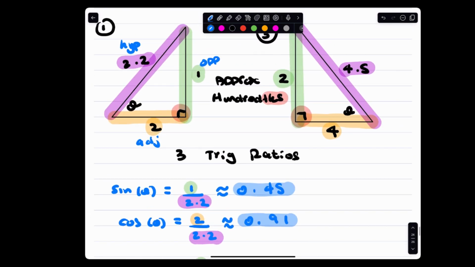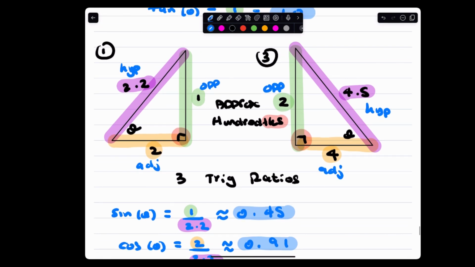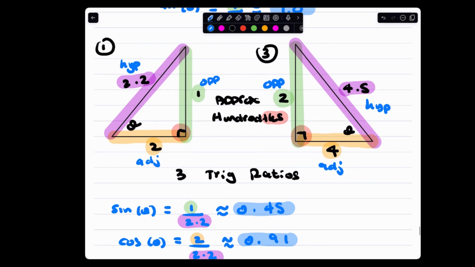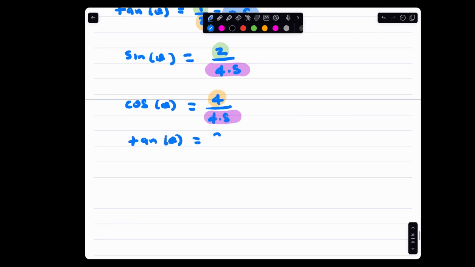Opposite over adjacent. So what's that going to be? Oh, we forgot to write this down. Opposite, adjacent, hypotenuse. I apologize. You guys see that? So what's opposite over adjacent going to be? 2 over 4. And we know that reduces to 1/2. Okay. We could reduce our fractions.